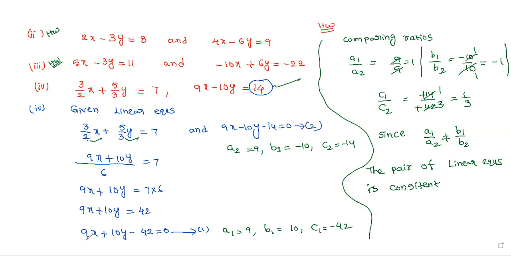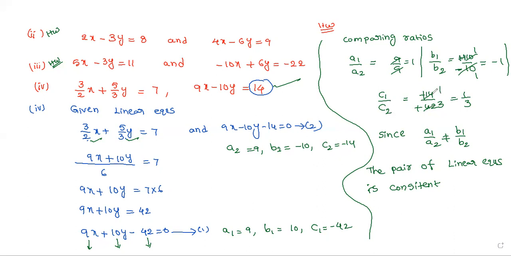Comparing ratios. A1 value 9, B1 value 10, C1 value minus 42. A2 value 9, B2 value minus 10, C2 value minus 14. Comparing ratios: A1 by A2, 9 by 9, that is the value 1. B1 by B2, 10 by minus 10, that is minus 1.